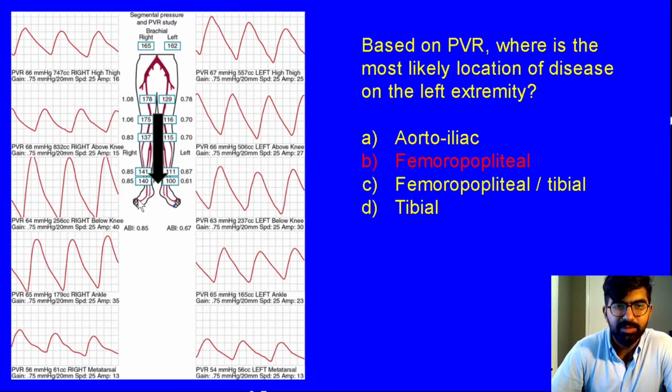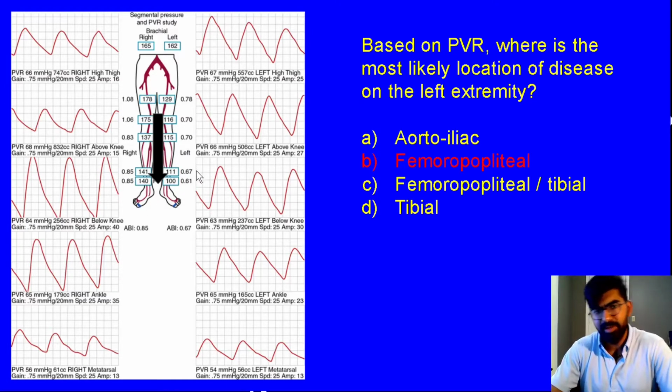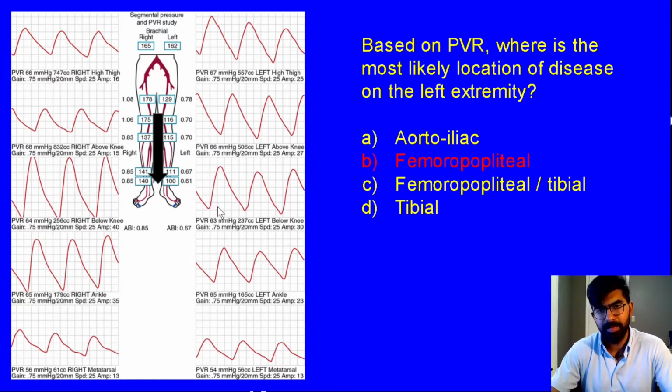Now, common things being common, ABI is fairly normal on the right, mildly diminished on the left. The most common lesion for lower extremity atherosclerotic disease is the distal SFA, and therefore you know that more than likely than not, this is probably going to be a femoral popliteal lesion. So remember to look at these other clinical clues that may be present on these studies.